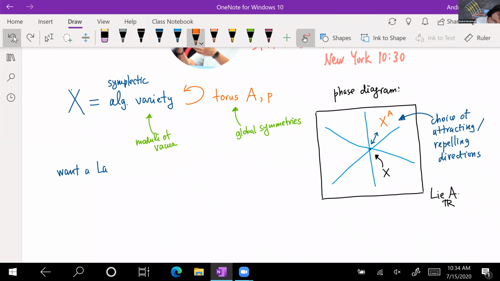So this is for, for example, X equals, in this case, T star P2, where each of these pieces was in fact an abelian variety.